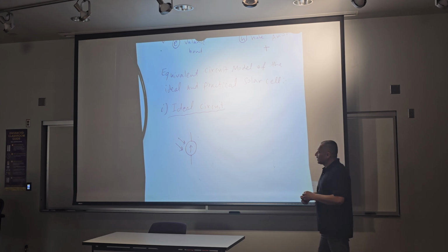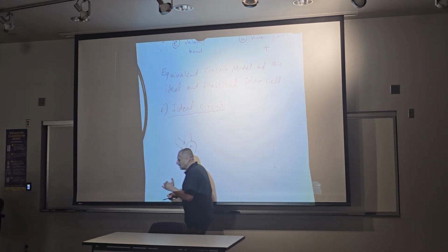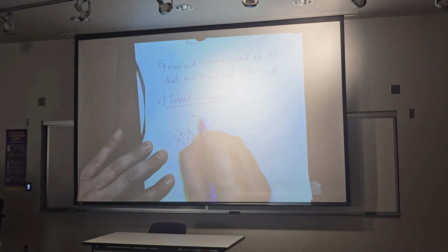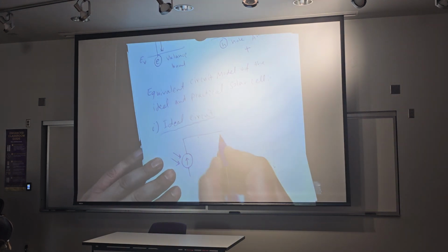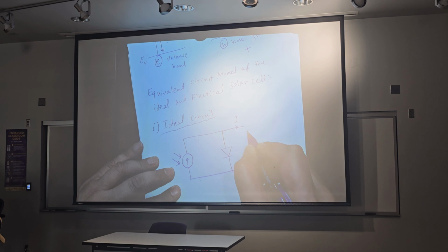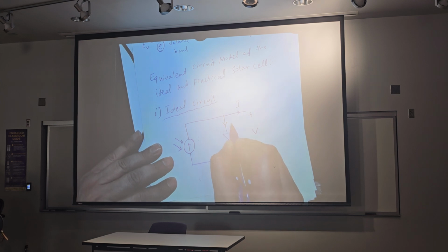So now we'll generate current. This current, we say, is equivalent for a diode, anode, cathode. This current will flow through this diode and give I and positive, negative V across the diode, and this is I diode.